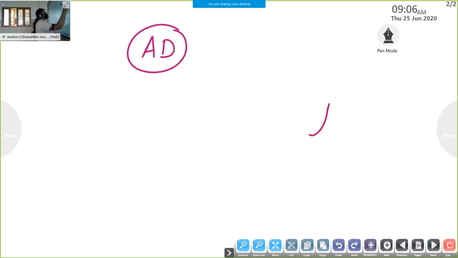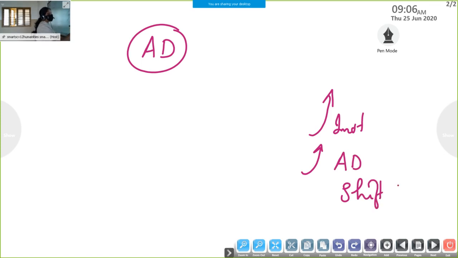So, increase in investment causes increase in aggregate demand, that causes shift in aggregate demand curve. Okay. So that graphical representation we can take like this.